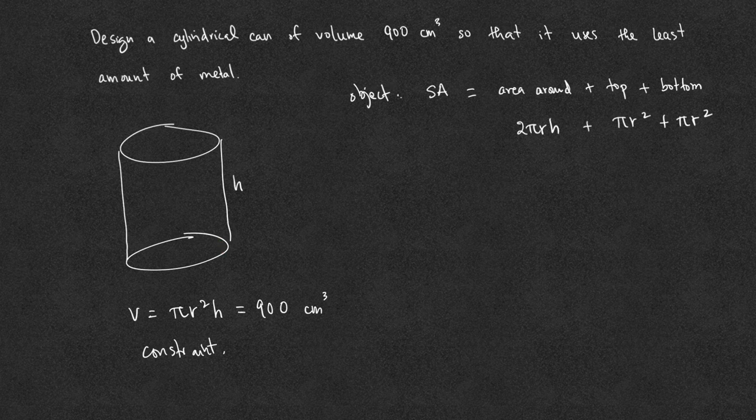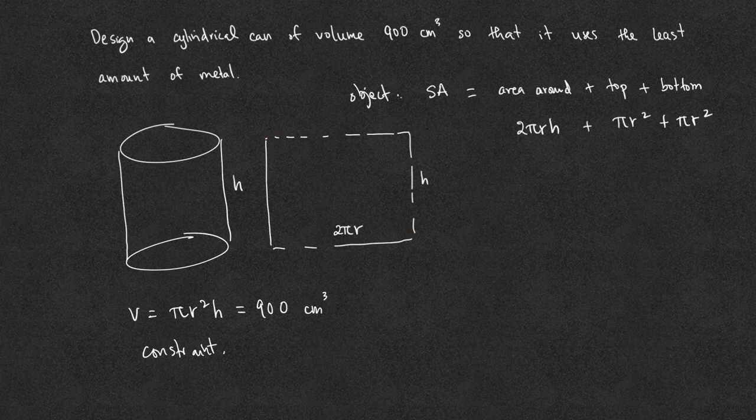If we were to cut the can and straighten it out, the lateral side would form a rectangle with height h and the circumference 2 pi r. The area of this lateral side is the area of the rectangle, 2 pi r times h.